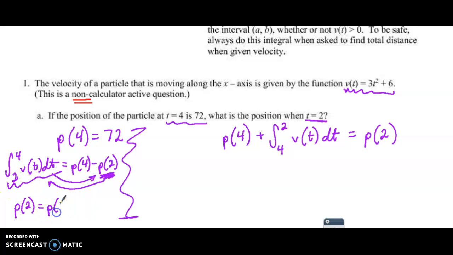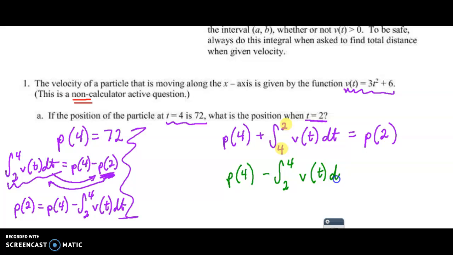So I'm looking at P of 4 minus the integral from 2 to 4 v of t dt. And you might be saying, well, that's different than what you wrote. That's right, it is. But all I have to do is switch these two around, and it becomes a minus problem. So there you have it. You have two different ways of understanding how to come across this problem.